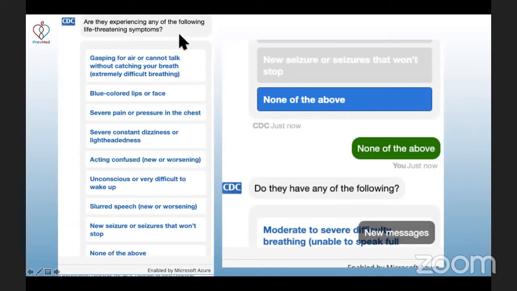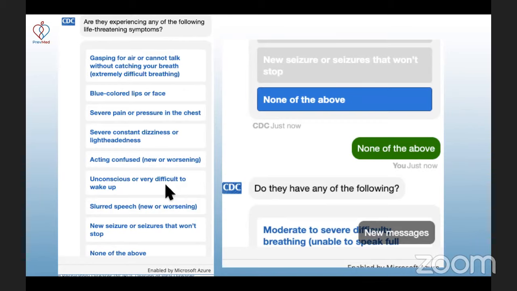Are they experiencing any of the following life-threatening symptoms? Gasping for air, cannot talk, blue-colored lips or face, severe pain or pressure in the chest, severe constant dizziness or lightheadedness. Again, does that sound familiar? This symptom checker is going back to the symptoms listed for serious illness, life-threatening symptoms in the previous section on testing.